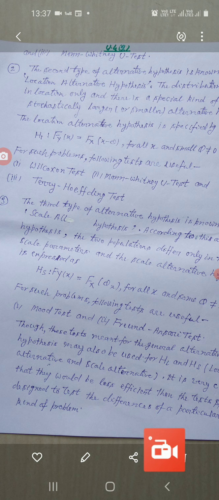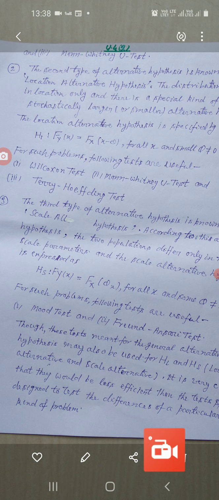Though these tests meant for the general alternative hypothesis may also be used for HL, the location alternative hypothesis, and HS, the scale alternative hypothesis, it is very clear that they would be less efficient than the tests especially designed to test the differences of a particular kind of problems.